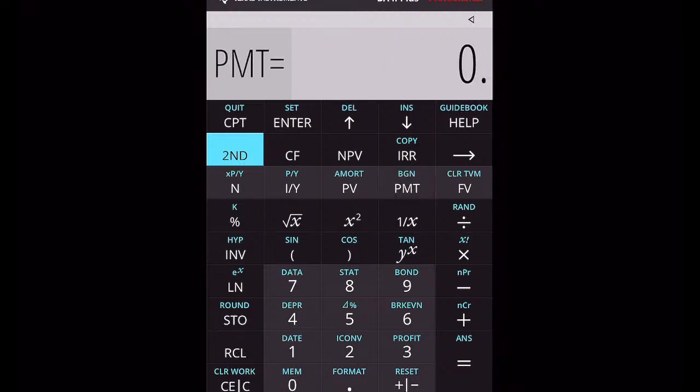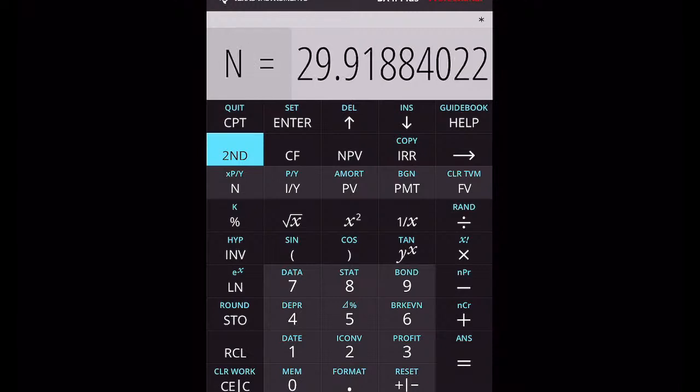No payments, to earn 10,000 future value return. And then asked to compute periods. And that's it, 29.92 years. All right, you could multiply 0.9188, the decimal, by 365 days to find out how many days that is.